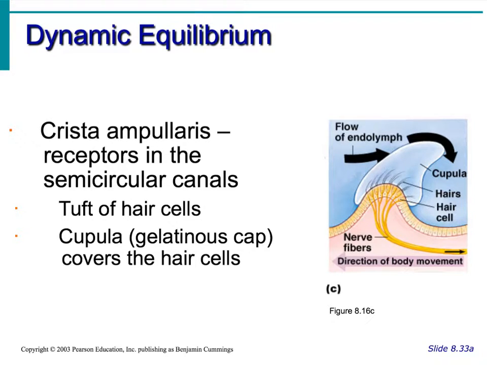Your dynamic equilibrium is more every other kind of movement you have. Angular, rotatory movements of your head. Your book talks about twirling on the dance floor, or getting seasick while you're on a boat ride, having those receptors work overtime. So you have 3 semicircular canals. Maybe you want to write this.